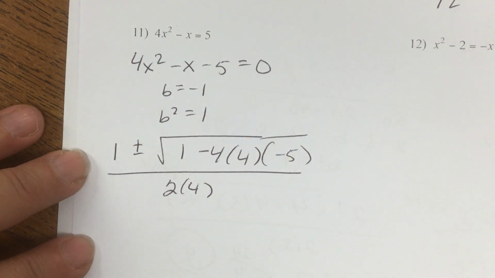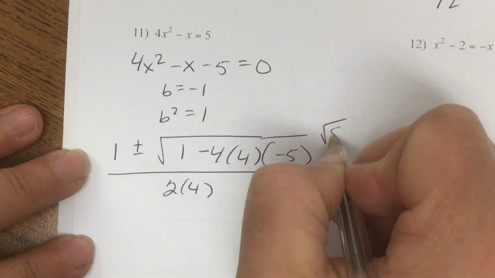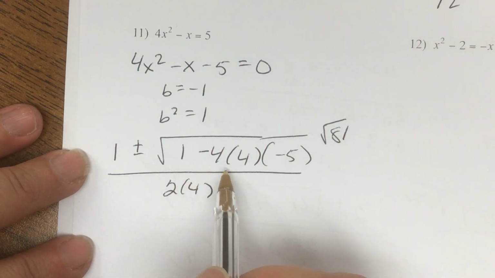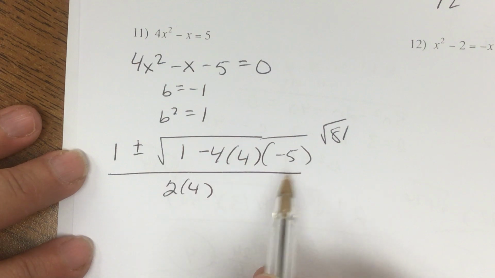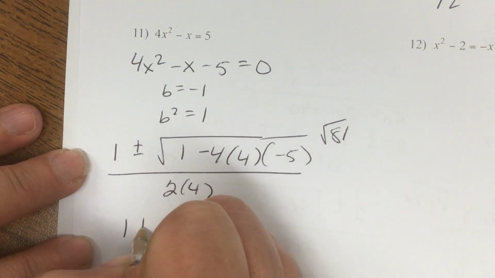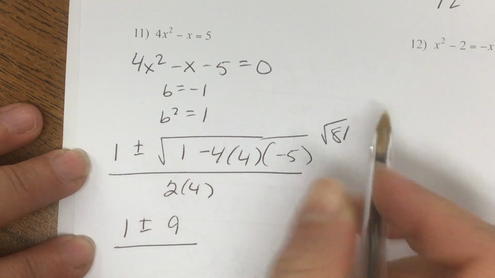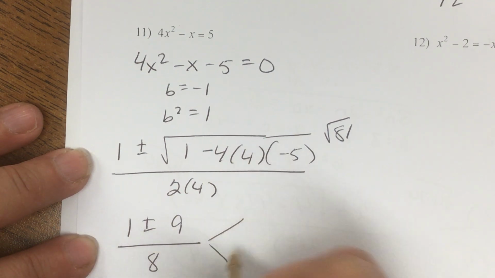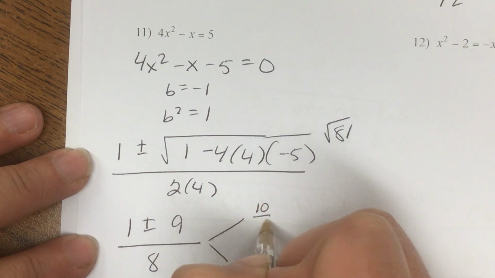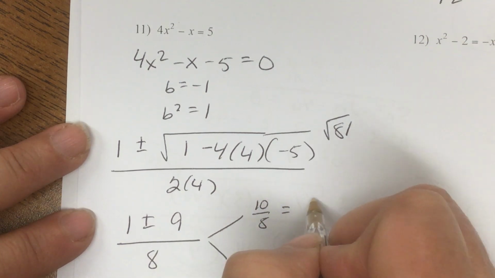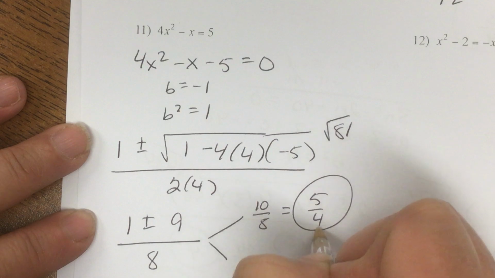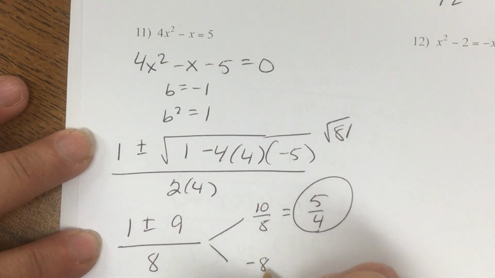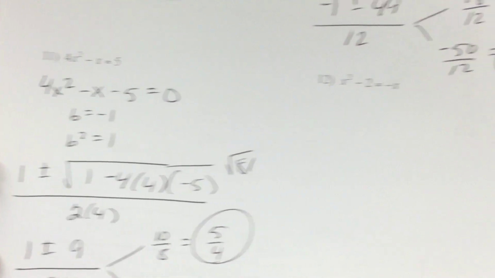I would do plus 16 times 5, which is going to be 81. But you can do 1 minus 4 times negative 5, gives you that. 1 plus and minus 9, because the square root of 81 is 9, and 2 times 4 is 8. So 1 plus 9 is 10 over 8, which reduces to 5/4. And 1 minus 9 is negative 8, divided by 8 is negative 1.